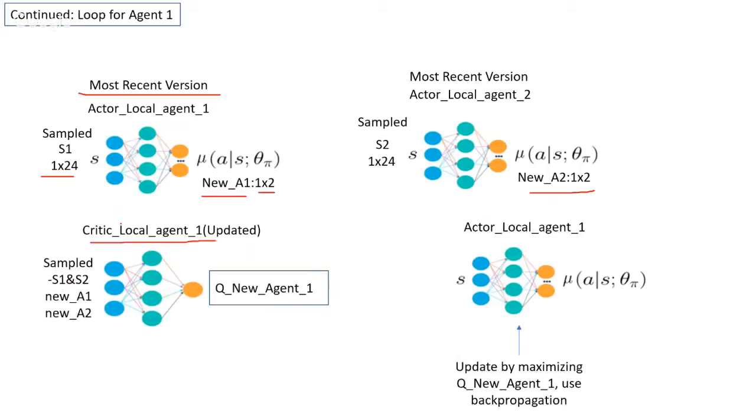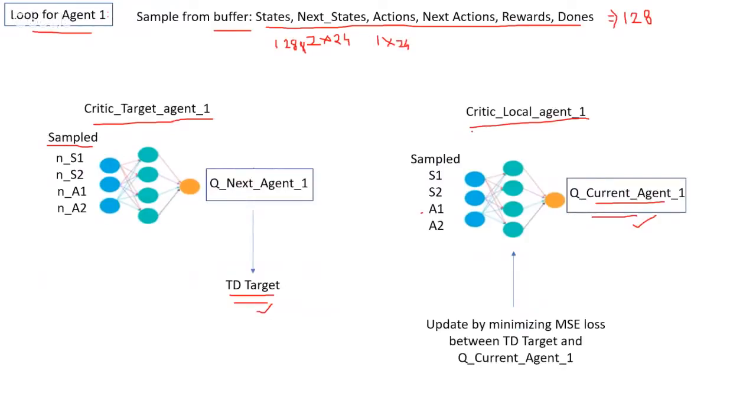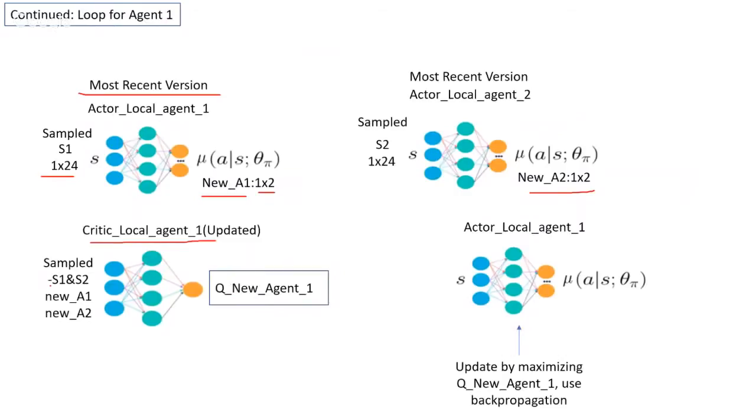So first you train your critic local network, and then you use sample states but new actions from the most recent version of your actor local networks, and you get Q new agent 1. Since it's critic local for agent 1, I call it Q new agent 1.